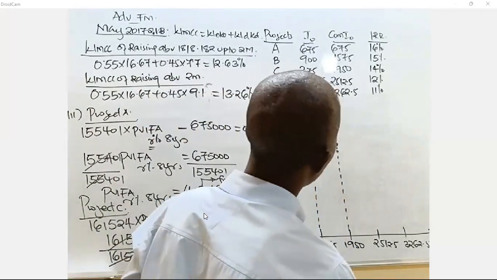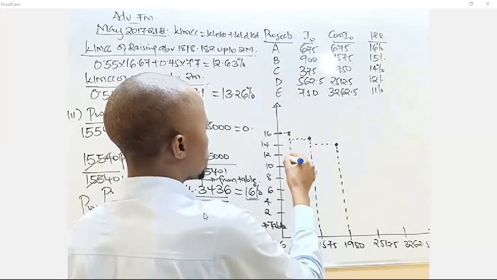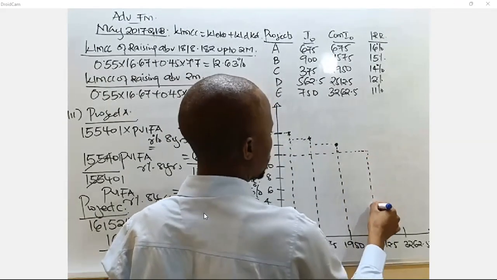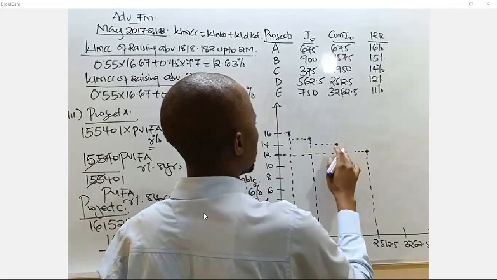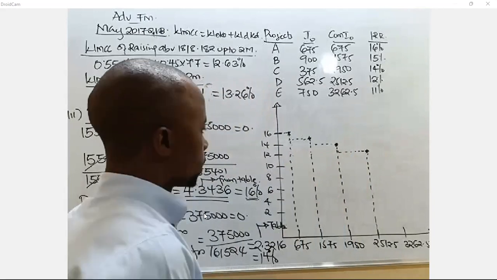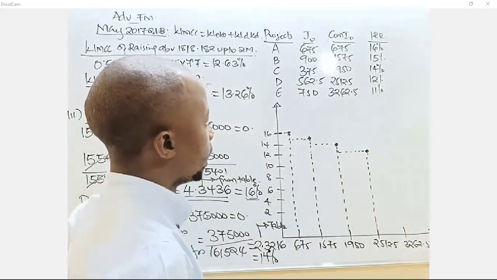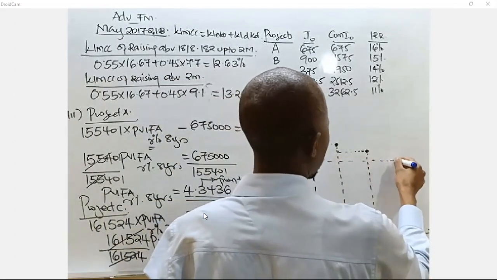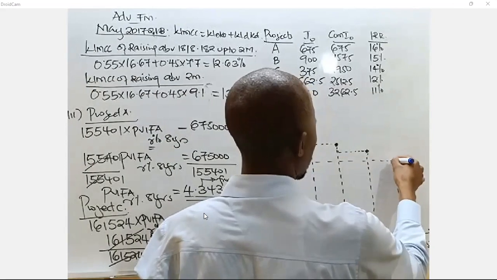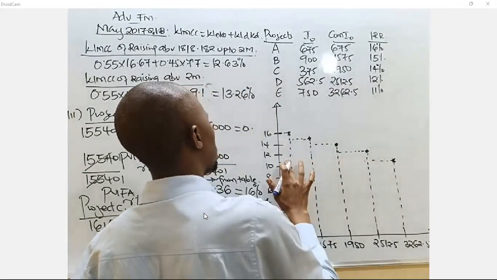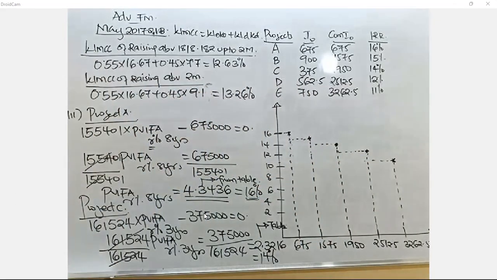Then the other one will be 12, which is there against this one, somewhere there. Then the last one will be 11, which is somewhere here. So 11 is there, against that 3262.5. So that is how you draw it.